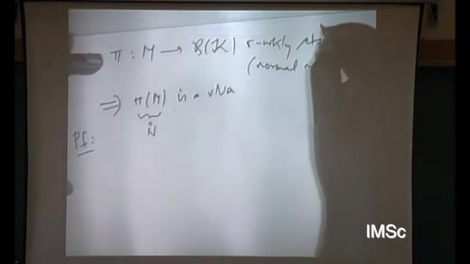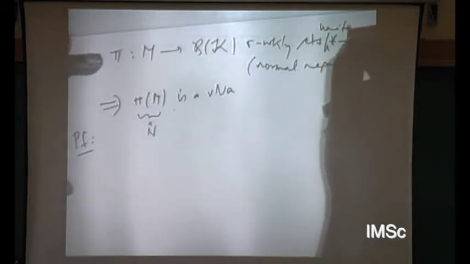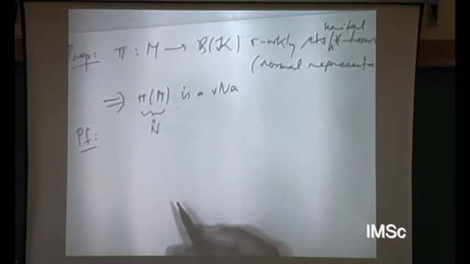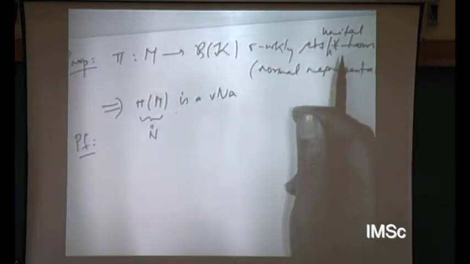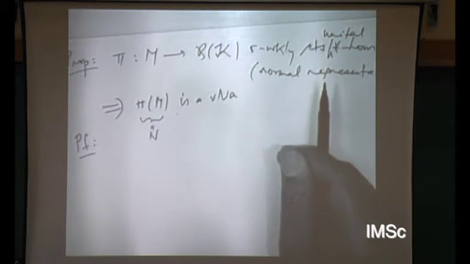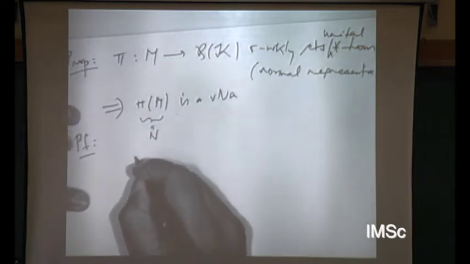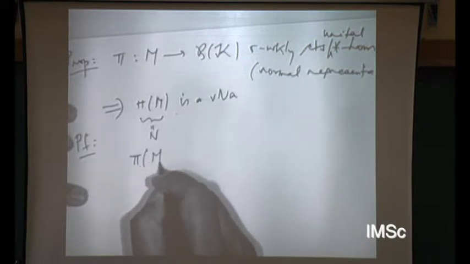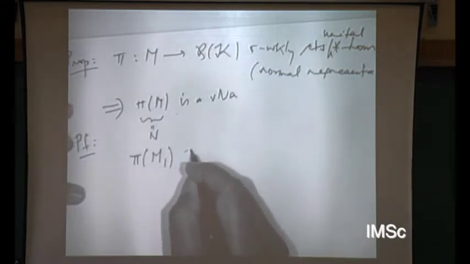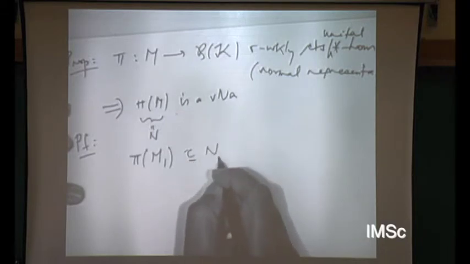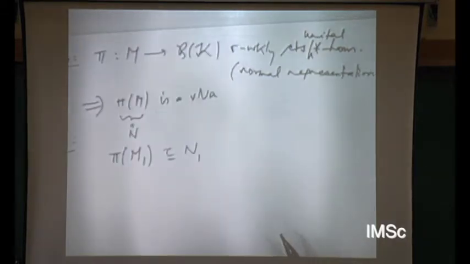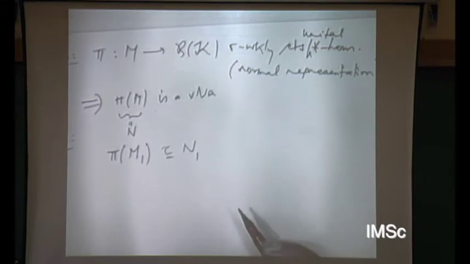We know that any C-star algebra homomorphism is always contractive, right? The norm of pi(x) is less than or equal to the norm of x for all x. That means pi of the unit ball of M will be contained in N, because all C-star algebra homomorphisms are norm decreasing.